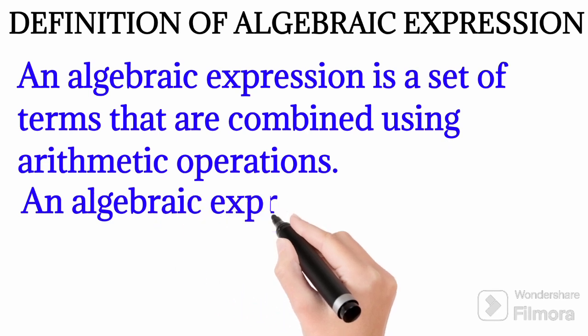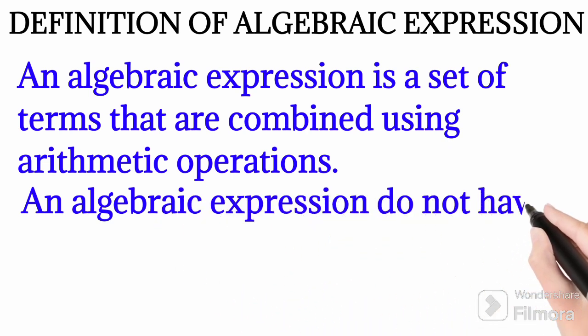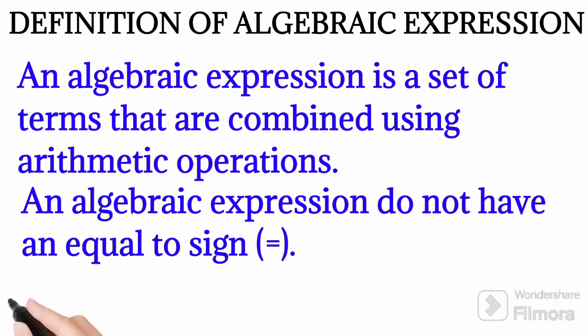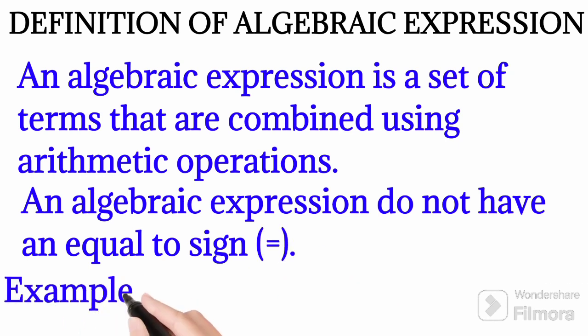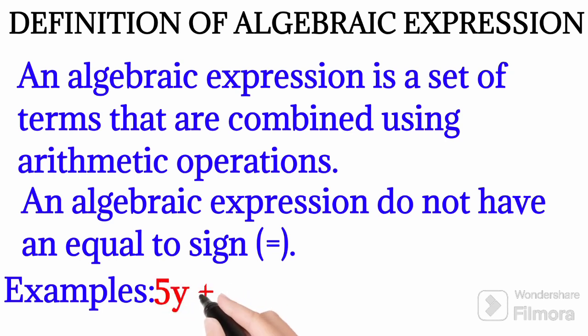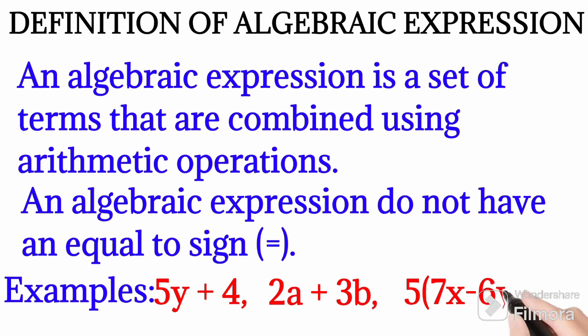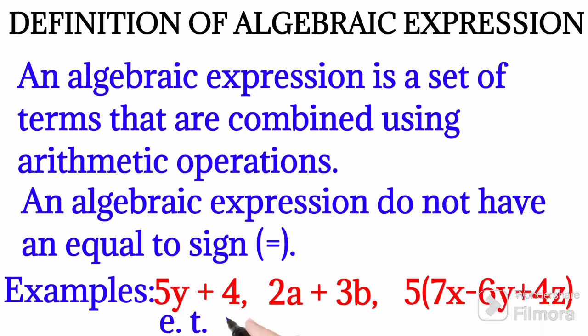An algebraic expression does not have an equal to sign. Now let's look at examples. We have 5y plus 4, 2a plus 3b, 5(7x minus 6y plus 4z), etc.